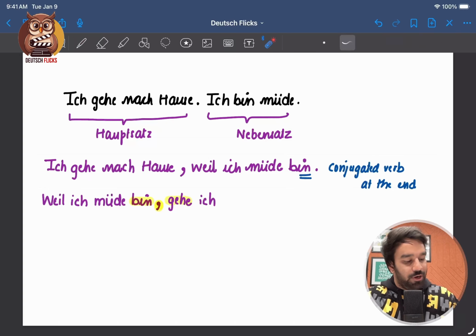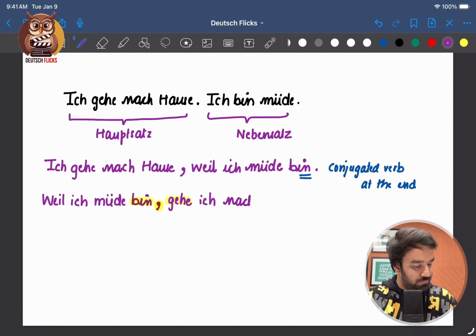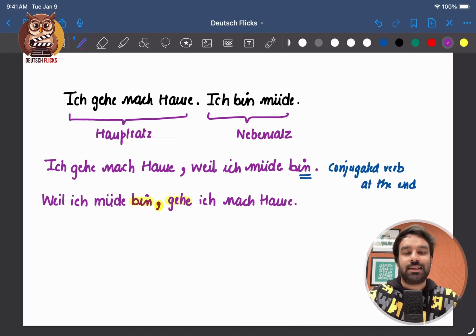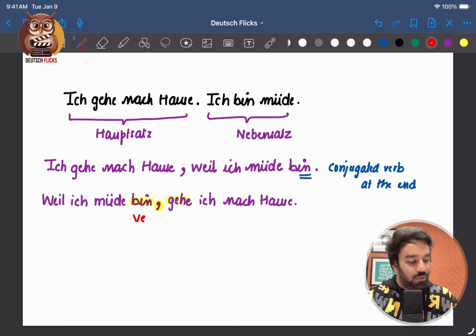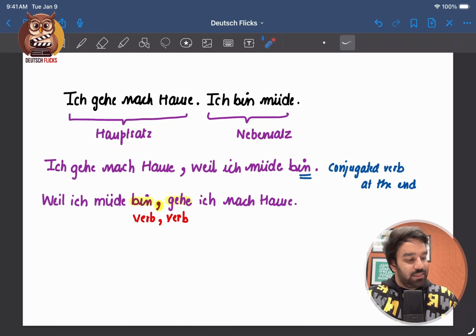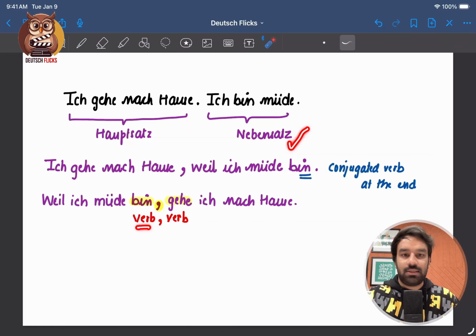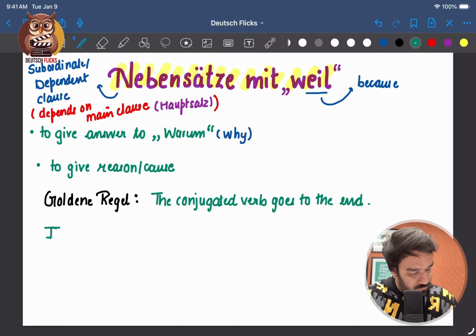And then the remaining part of the sentence will be nach Hause. So the sentence will be weil ich müde bin, gehe ich nach Hause. That is called the verb comma verb rule. Basically you need the conjugated verb from the Nebensatz and the conjugated verb from the Hauptsatz. Now I'll write this rule on the previous page.